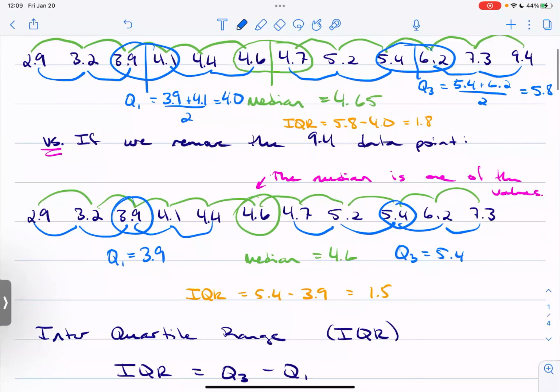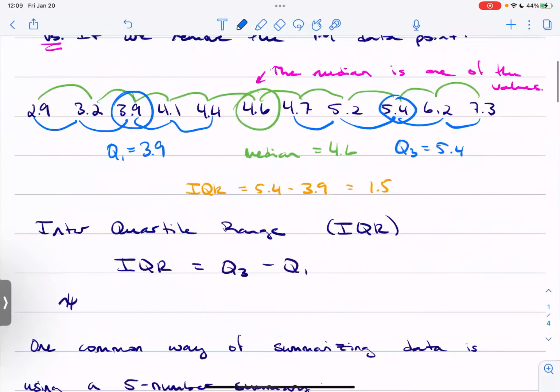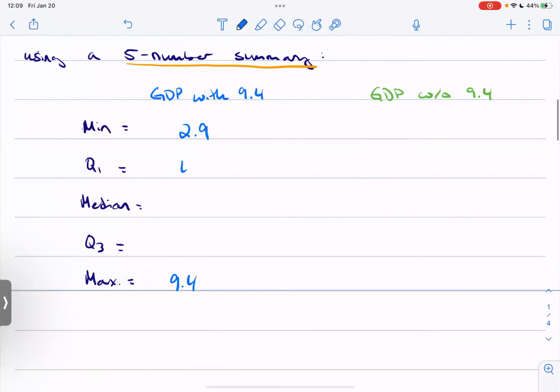And then just so I don't have to scroll around so much, 4 and 5.8. And what was it? 4.65. Thank you. So that's the 5-number summary.